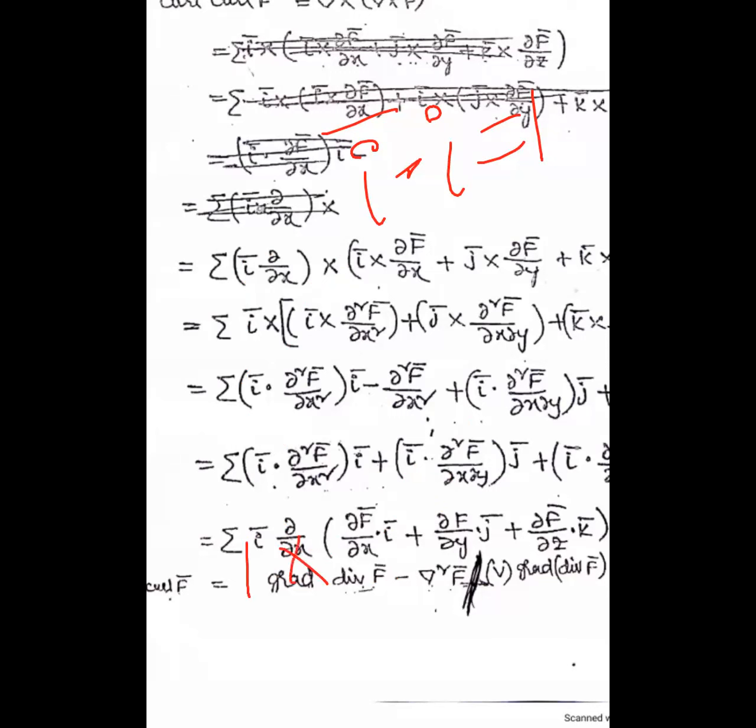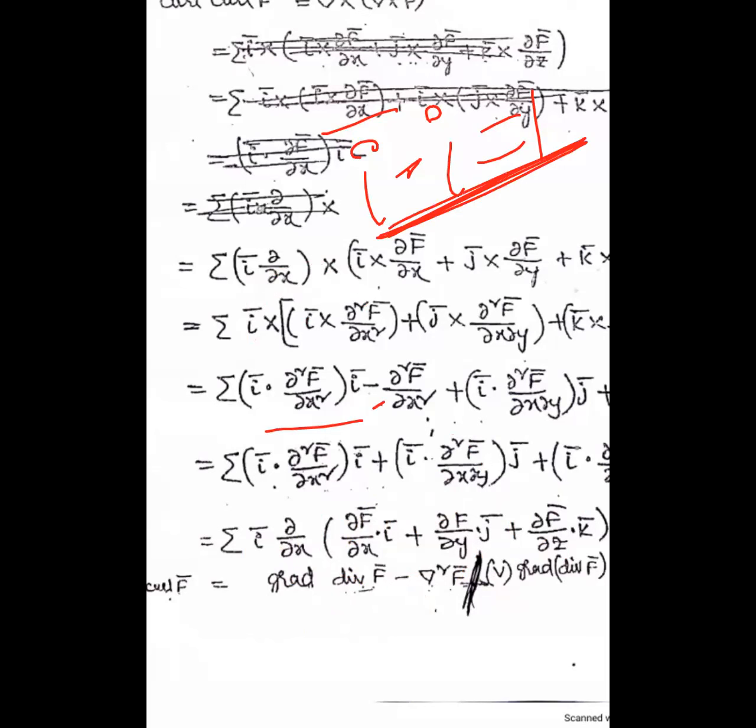So 1 into 2 into 3 is equal to 1 into 3 into 2 minus 1 into 2 into 3. Like as i dot ∂²F/∂x² into i in the first term minus i dot i in the formula of i dot i equal to 1.